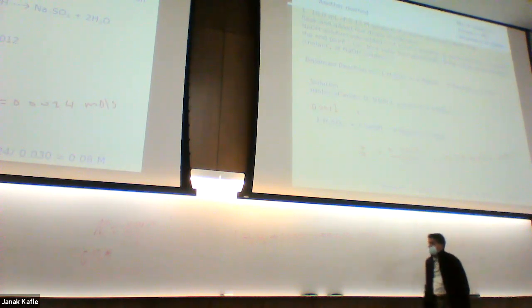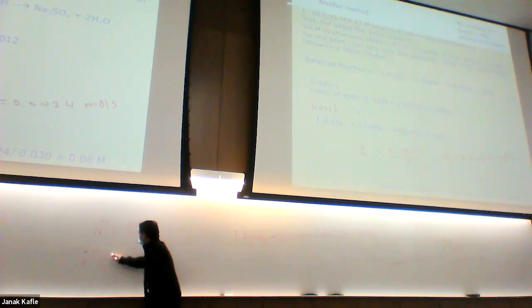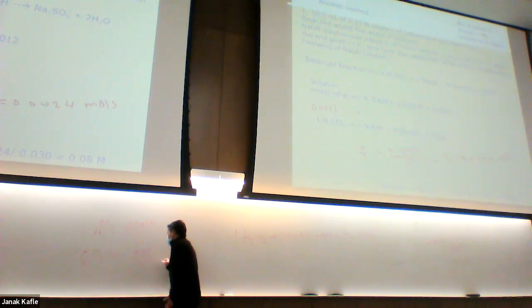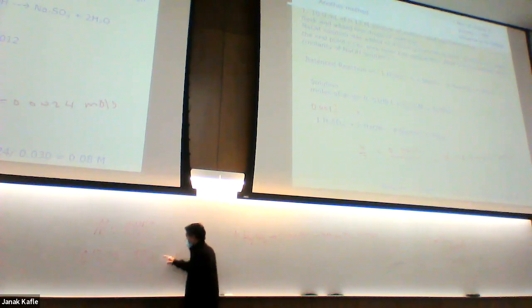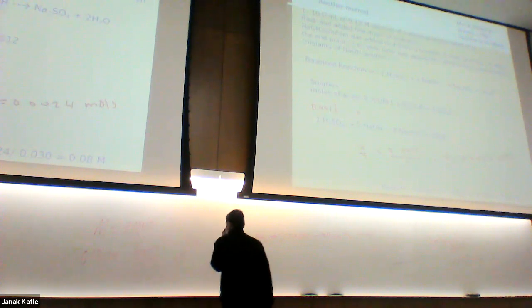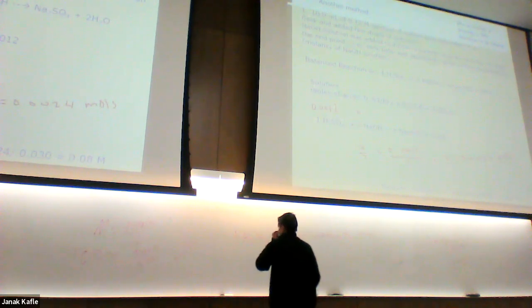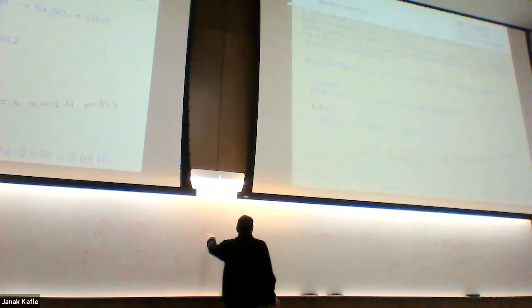So here 0.12 equals number of moles divided by 0.010 liter. Now we can calculate the number of moles from here. That goes this way and multiplies there. So 0.010 multiplied by 0.12 gives you 0.0012. So this is the moles of sulfuric acid.